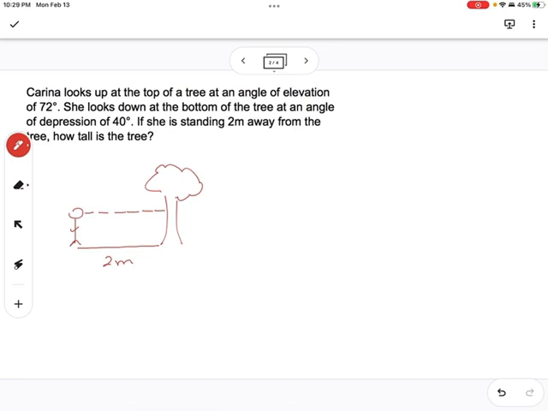And she's looking both to the bottom and to the top of the tree. With the angle of elevation, so going from the horizontal up, this is 72 degrees. And if we're going from the horizontal down, that angle of depression is 40 degrees.